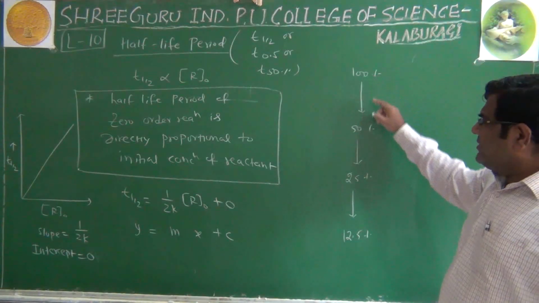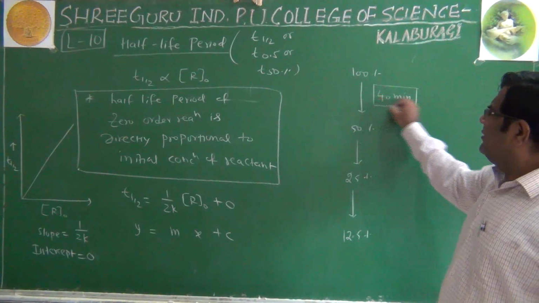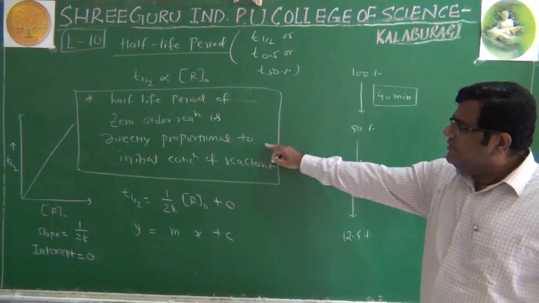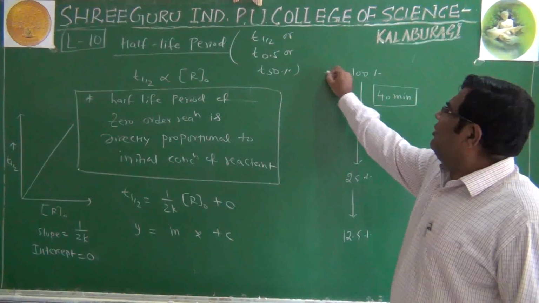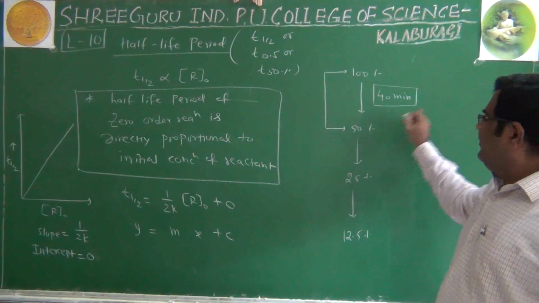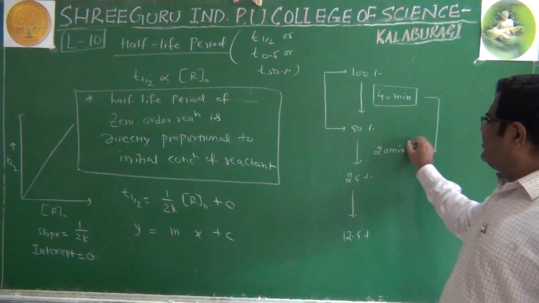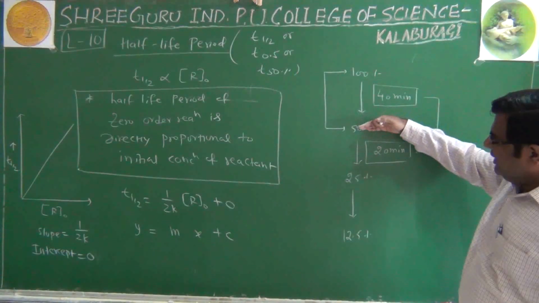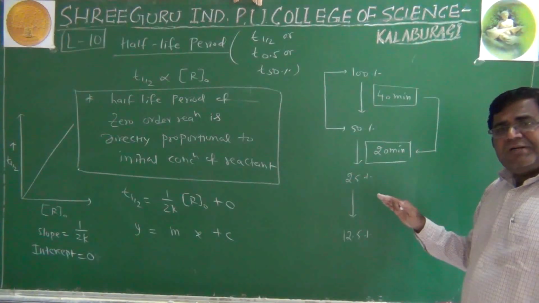If going from 100% to 50% occurs in 40 minutes, then from 50% to 25%, since the half-life is directly proportional to initial concentration, we make it half and it becomes 20 minutes. Are you understanding this? The initial concentration has been reduced to half, and the half-life also becomes half. This is for zero order reaction.